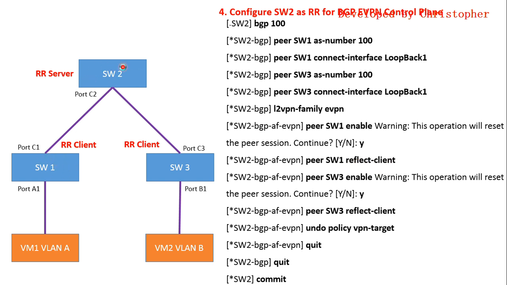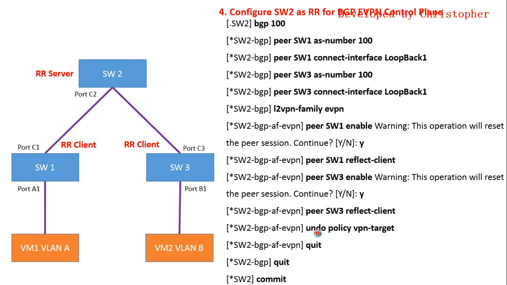Switch 2 is the server, and this one is the client. Switch 3 is the same, a client. And then undo policy vpn-target. This script means it will accept the label stack and routing, every update from switch 1 into switch 3.